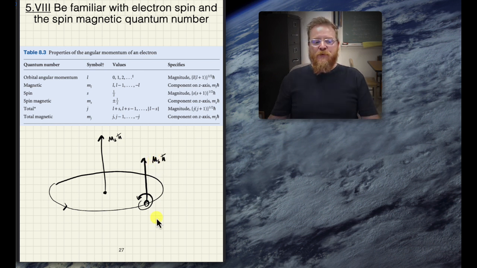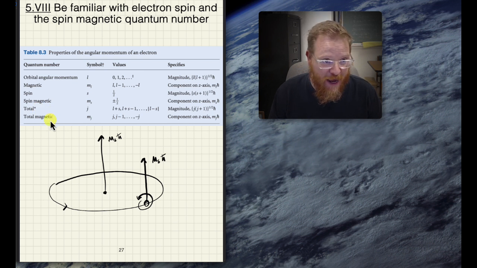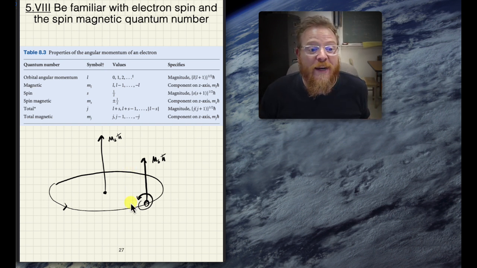ms h bar. Now when we look at those totals, that gives us quantum number J and quantum number MJ. So for example, in this picture where they're both oriented in the same direction, we're going to have this additive effect, right?